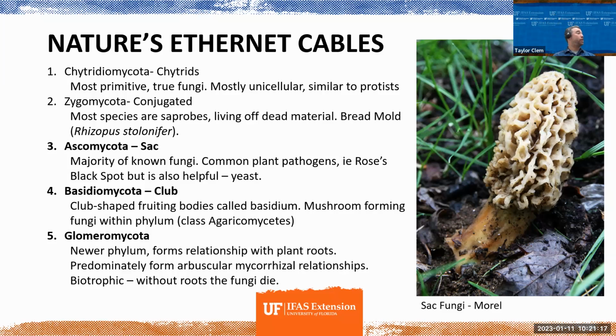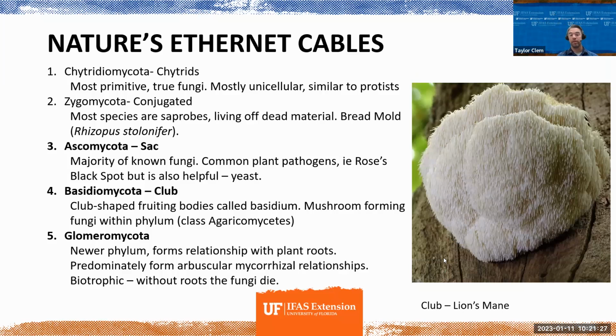Some of the fungi that we may know, like the sac phylum, include the morel mushroom. And for the club phylum, have you all heard of lion's mane before? That's another example. It's really cool because it grows really well around here, usually around this time of year, maybe a little earlier.